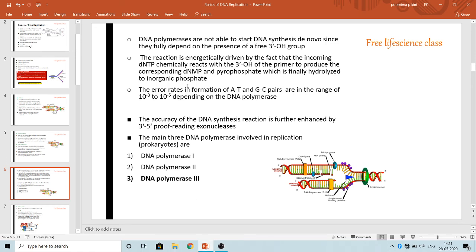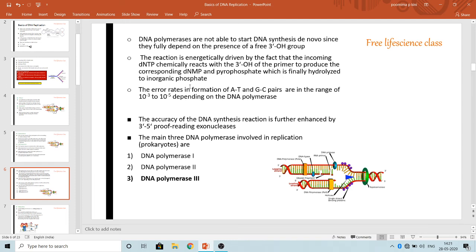So we can discuss the next point. The error rate in the formation of AT and GC pairs is in the range of 10 raised to minus 3 to 10 raised to minus 5, depending on the DNA polymerase. So DNA polymerase is highly efficient. You can see that there is only one mistake in 10 raised to 3 or 10 raised to 5 nucleotides.